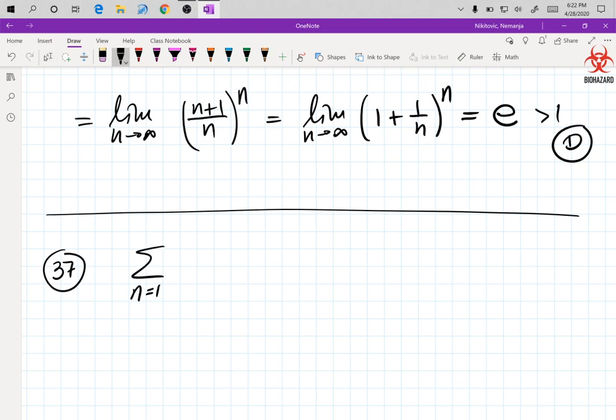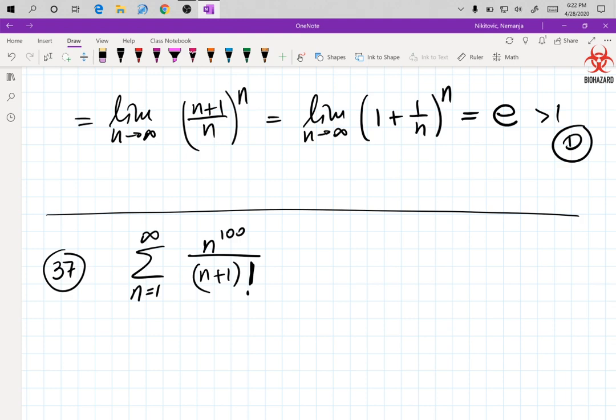The summation n goes from 1 to infinity of n to the 100 divided by (n plus 1) factorial. Gut feeling is convergence, because this is a polynomial and this is a factorial, which grows much faster.